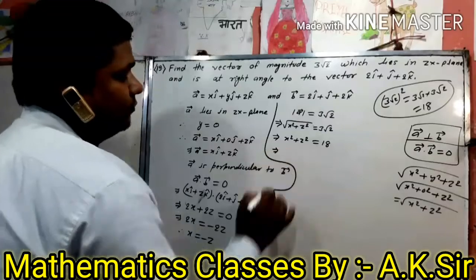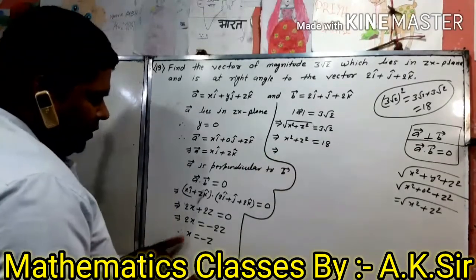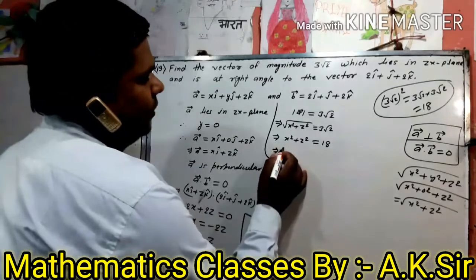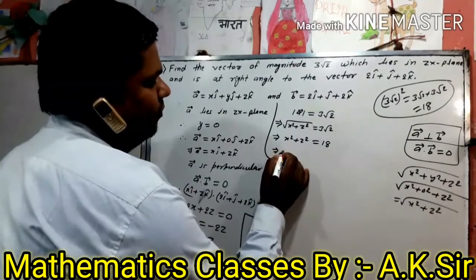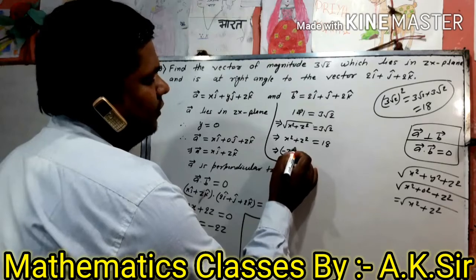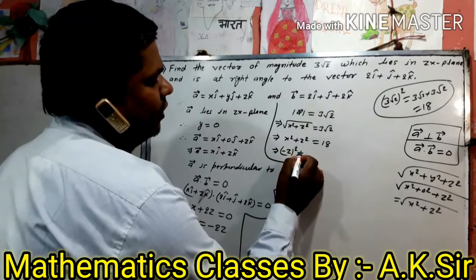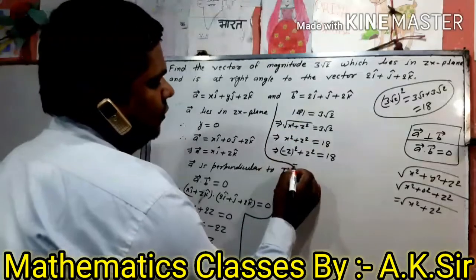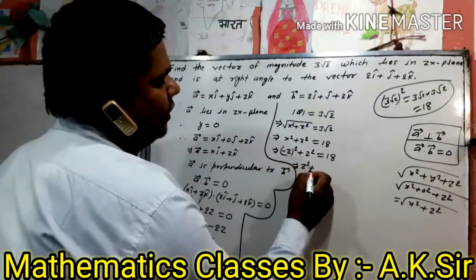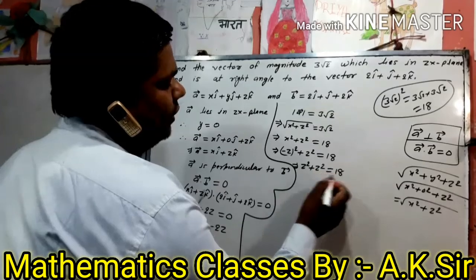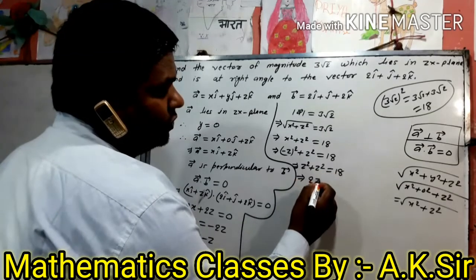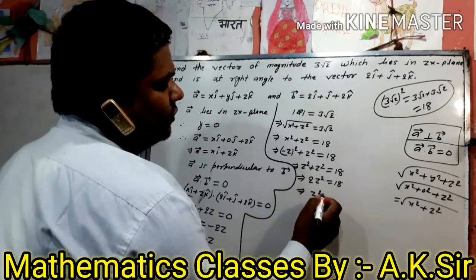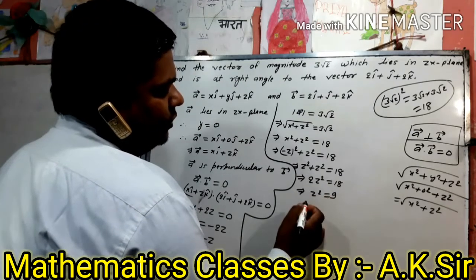This implies the value of x is equal to minus z. We put the value of x equal to minus z. It means minus z to the power 2 plus z square is equal to 18. Z square plus z square is equal to 18. This implies 2z square is equal to 18. Z square is equal to 9.